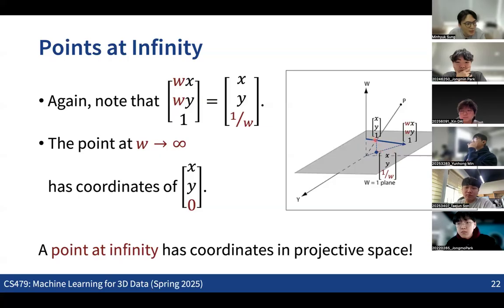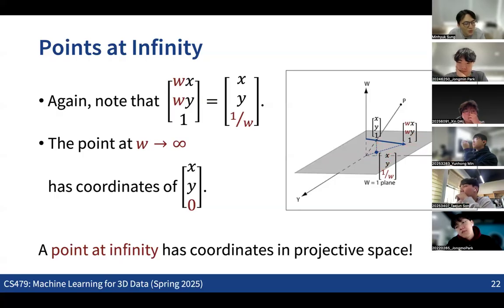So as we go further along this direction, from here to there, the corresponding point, fixing the x and the y here, becomes like going down, down, and down, right? Here we have x, y, and 1, and as we go further into wx, wy, and 1, we are going down to x, y, and 1 over w.